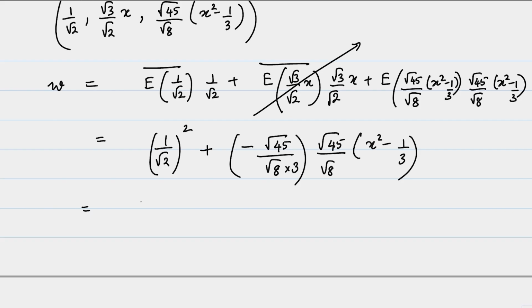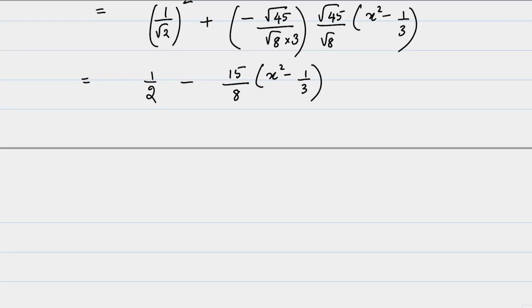So this will be equal to 1 by 2, minus 45 by 3, which is 15, by 8, into x square minus 1 by 3. So in particular, this is just going to be equal to minus 15 by 8 times x square plus 5 by 8 plus 1 by 2, or 4 by 8, which is 9 by 8.